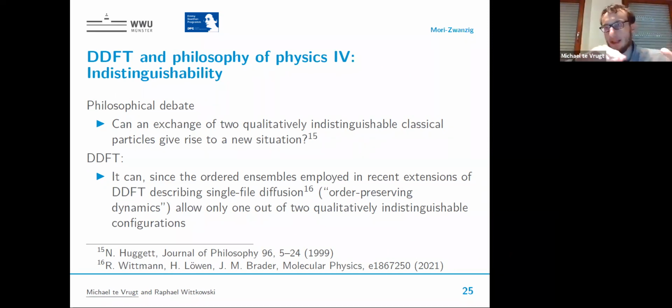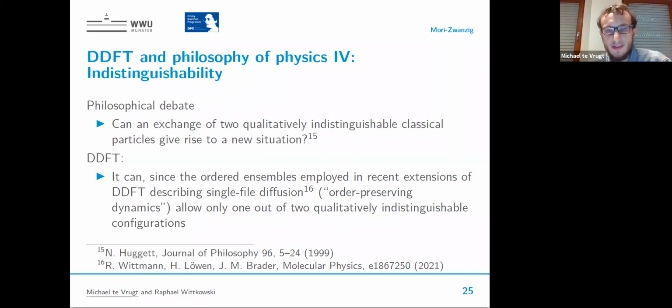For example, can there be a possible world that differs from ours only in that Julius Caesar becomes president of the USA and Barack Obama conquers Gaul? In the context of statistical mechanics, we can translate it as: can there be two different situations that only differ in the exchange of two qualitatively indistinguishable classical particles? The quantum case I'm not going to consider here, just the classical one.